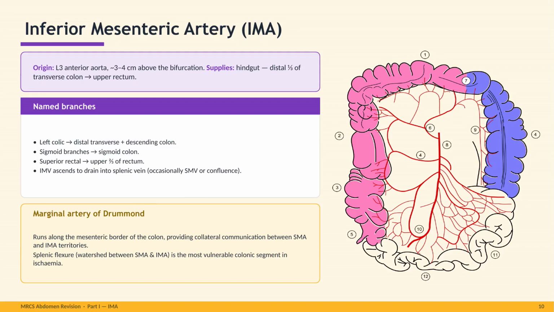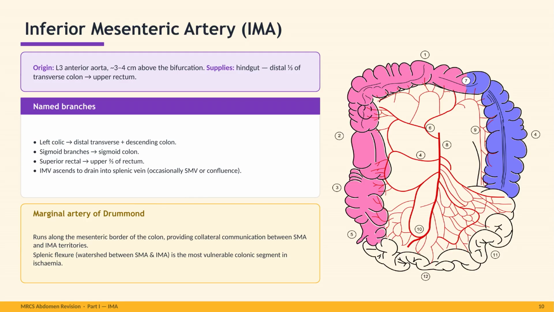The IMA arises from the anterior aorta at L3, about 3 to 4 centimeters above the bifurcation. It supplies the hindgut from the distal one-third of the transverse colon down to the upper rectum. 3 named branches: left colic, distal transverse and descending colon; sigmoid branches, sigmoid colon; and superior rectal, the upper two-thirds of the rectum.